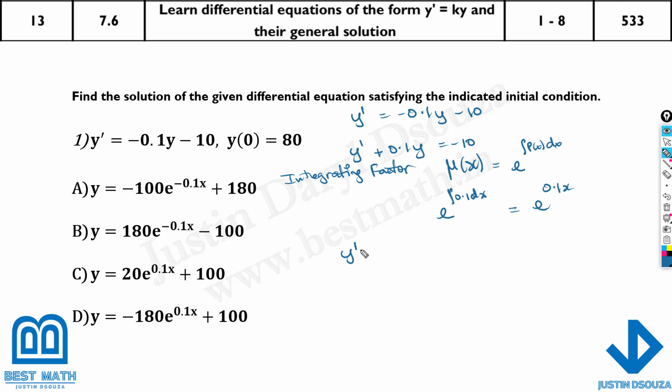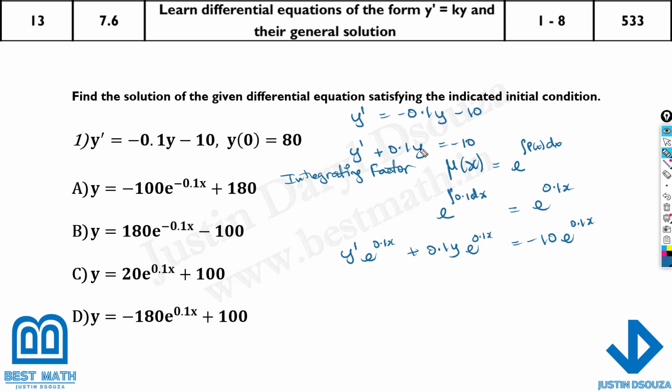See, we'll do y dash e to the power 0.1x plus 0.1y e to the power 0.1x equals minus 10 times e to the power 0.1x. I hope this is clear. You just multiply this integrating factor throughout. Now you don't need to write all this. Just remember integrating factor for any of such problems.